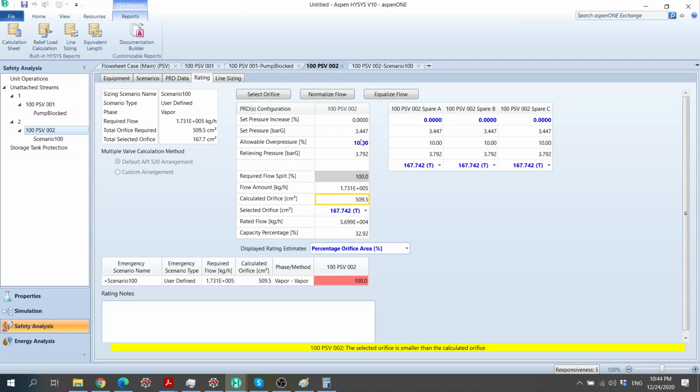But nonetheless, in practice, if it needs to be like this size, and while we have only 167 in the store, we have to have at least 4 of these PSV of this size to get this guy. Yeah, I think we have passed our time.